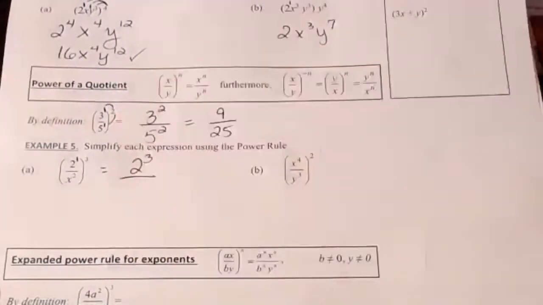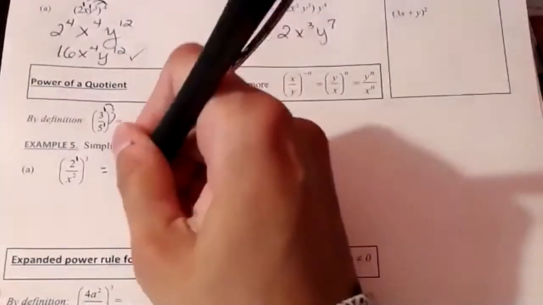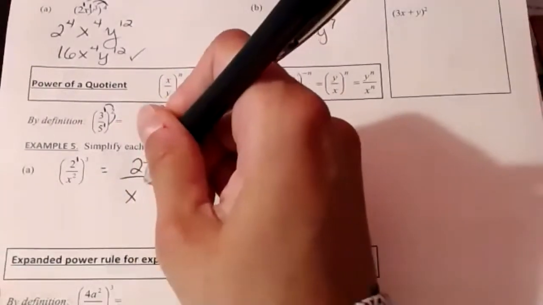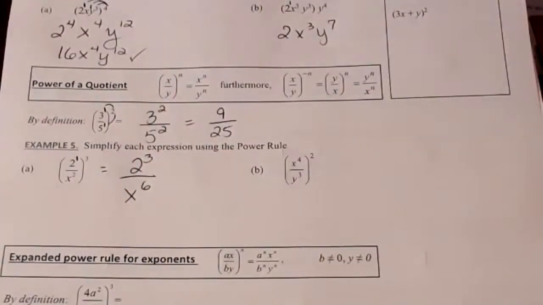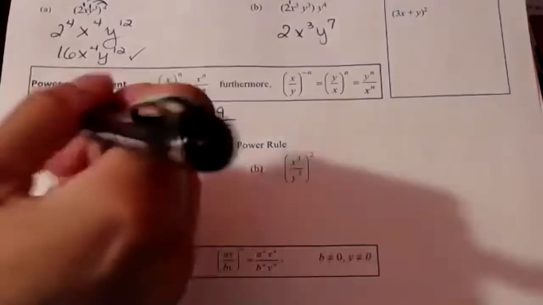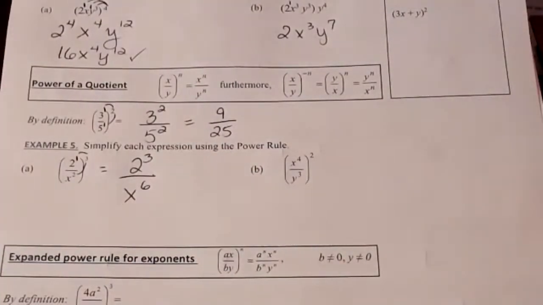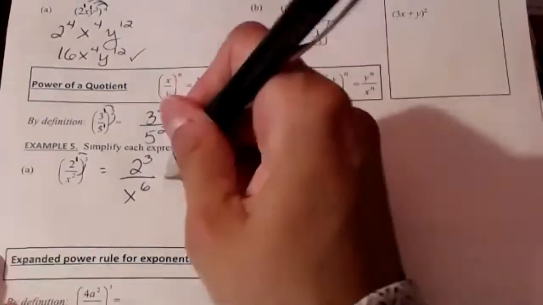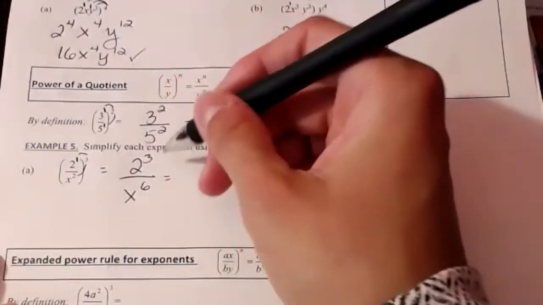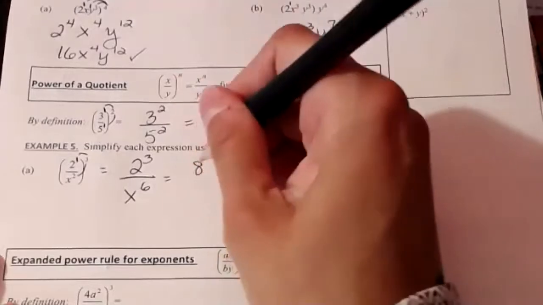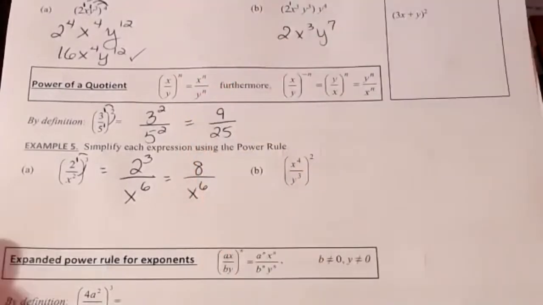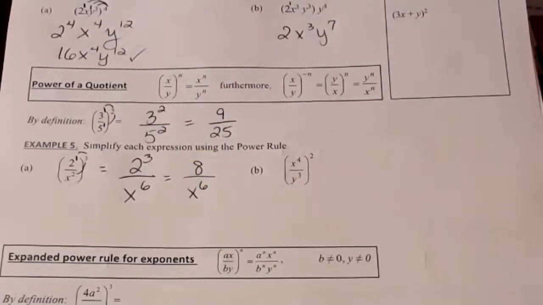Beautiful. And then is it x to the 6th power? Yeah, perfect. Very, very nice. We're just going to distribute power times power. So even though we had a base in the denominator, that idea doesn't change. No big deal. Power times power. 2 to the 3rd, 2 times 2 times 2 is 8. So we'll write 8 over x to the 6th power.